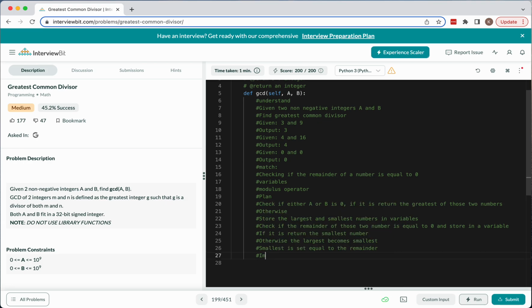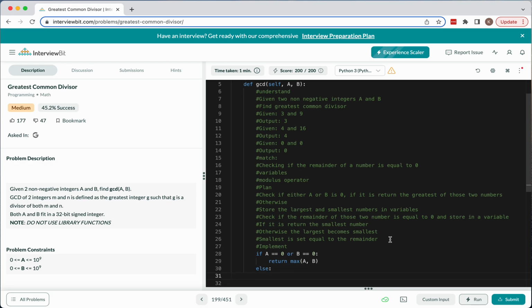So for implement, I have to check if a is equal to 0 or b is equal to 0, return the max of a and b.